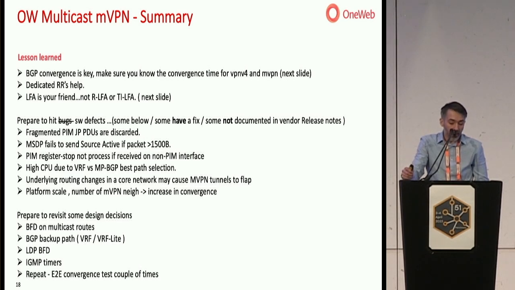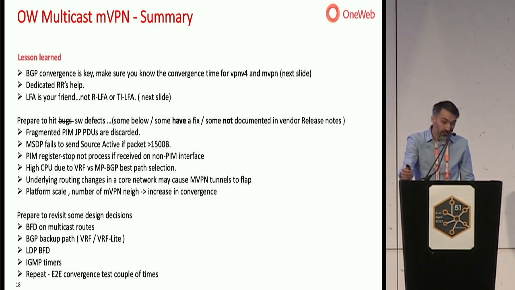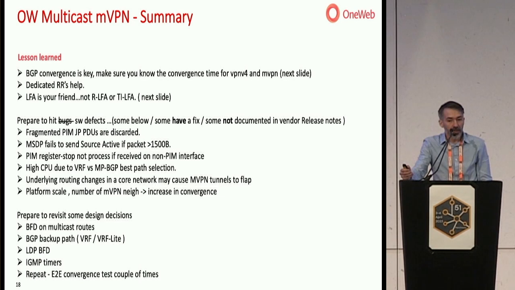What we found during the migration and in this type of project is not being afraid to look at some old design decisions and change those if they don't really work anymore. It's a completely different approach to having the multicast in the global routing table versus having the multicast in a dedicated routing instance. So we had to go and change the BFD on some multicast routes.